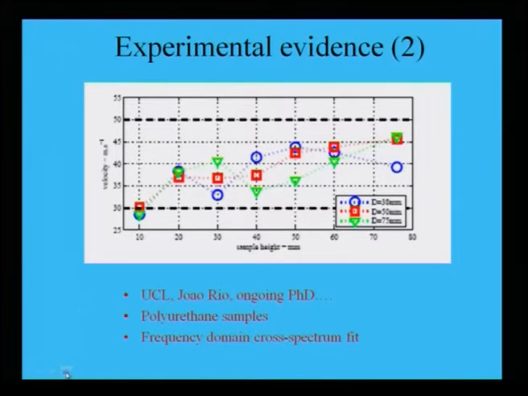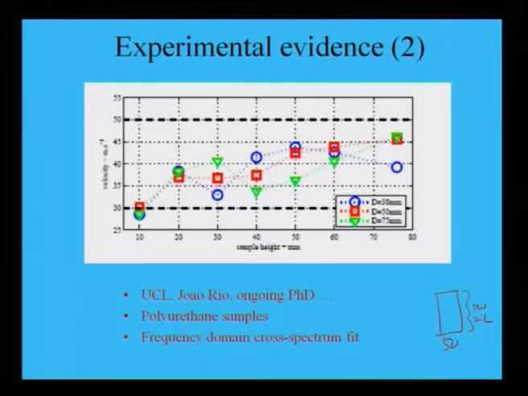Experimental evidence 2: velocity versus sample height, as I say sample size or sample height. This is your sample size. So, this sample size is 50 by 100, this is your length.